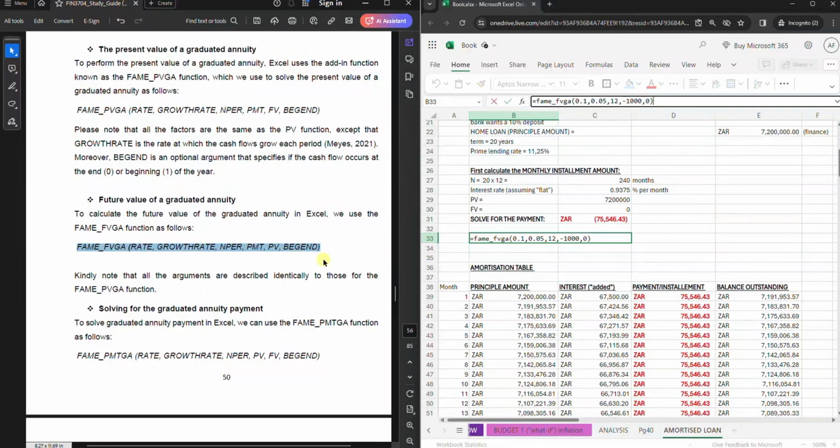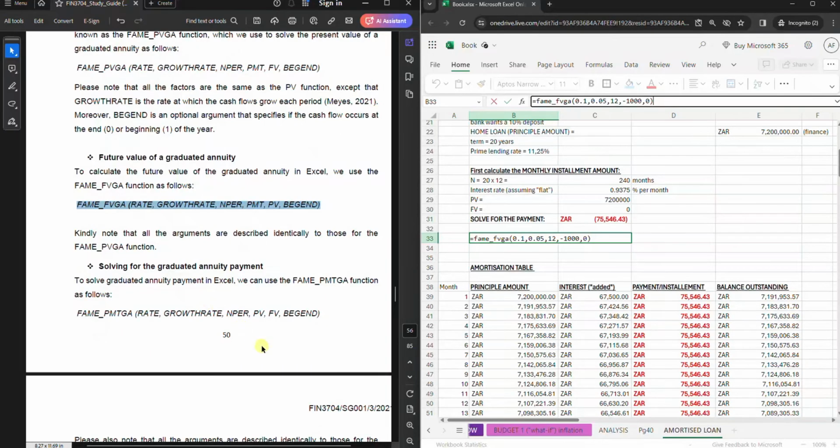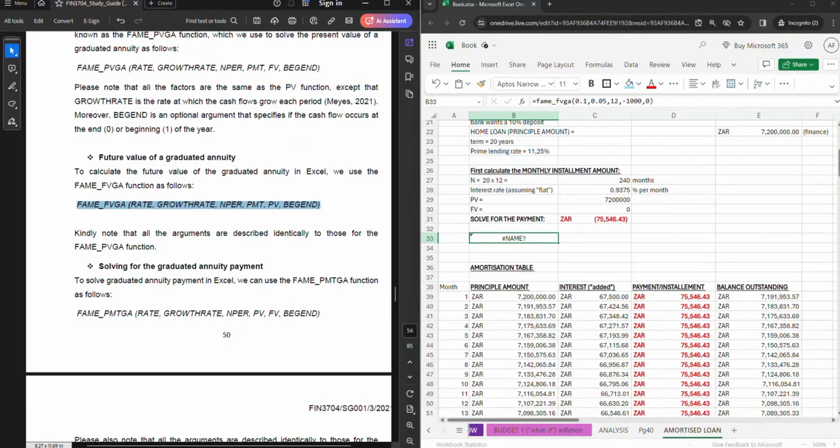Did they give you any annexure for this study guide? No. Okay, because this might be a slightly outdated version of it. I do have an older version of Excel. I'll try it and see, but I don't know if it'll work. Let's see. Okay, because normally if it's a growing annuity, you would draw up a spreadsheet for it, and then you would see if it works.